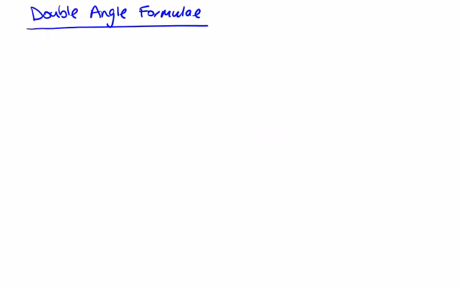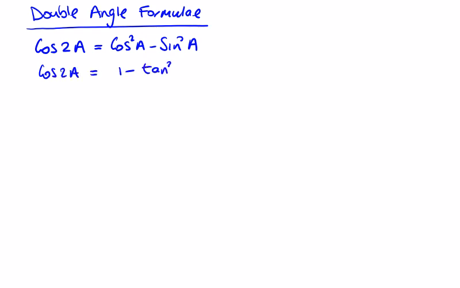Okay, so with double angle formula, what is a double angle? Well, a double angle is twice an angle. There's 3 cos, there's 3 sin, and there's 1 tan formula in the formula booklet. Cos 2A is either cos squared A minus sin squared A, or cos 2A is 1 minus tan squared A divided by 1 plus tan squared A. And there's also another formula with cos 2A in it, but it starts with cos squared A. And cos squared A can be written two ways.